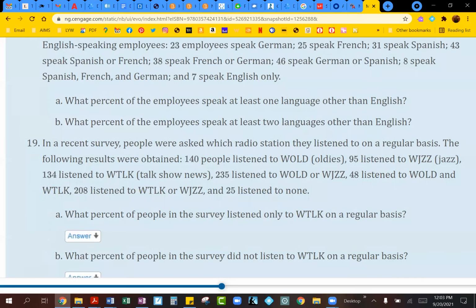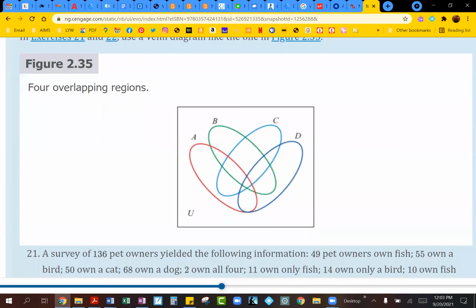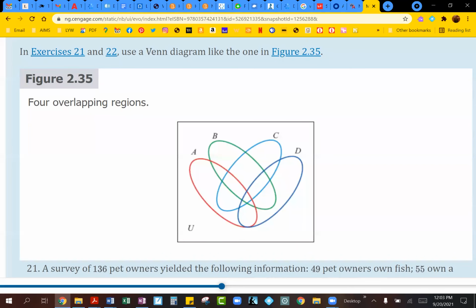All righty, guys, this is what I wanted to show you. Now, you don't have examples like this, but you can see how they actually have 4 overlapping circles here, because you can see the A, B, C, and D. But look at how many different overlapping regions this ends up making. This is just between A and B, but then this little section is A, B, and C. And so you can see how many different overlapping sections you end up getting between these 4 circles.